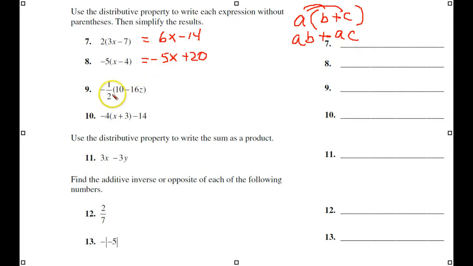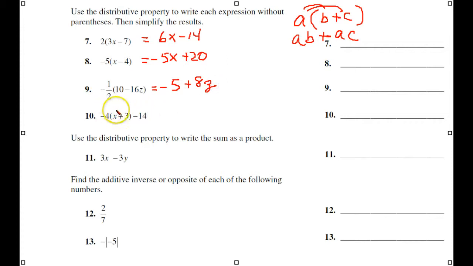And this is going to be a negative times a positive, which will give me a negative, and then 10 divided by 2 is 5, plus, watching the signs, 8c.